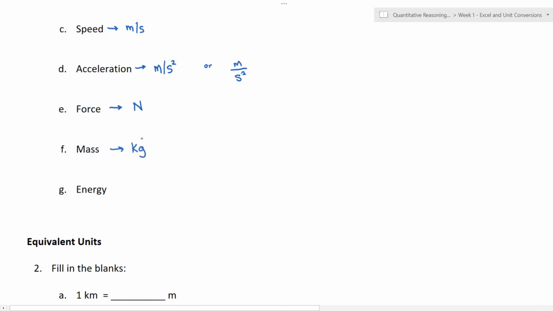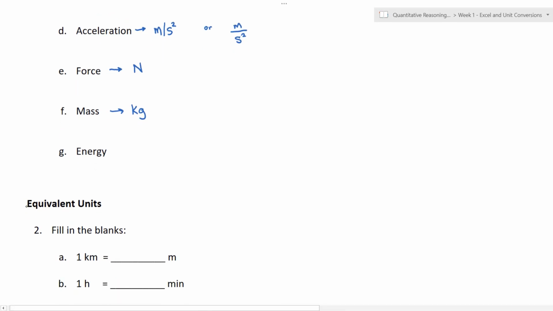In some courses like chemistry, they use grams, but the unit we're going to use in this course is kilograms. So if a mass is given to you in grams, for example, or milligrams, you would have to convert it into kilograms. And then finally, we have energy. The standard international unit for energy is the joule.